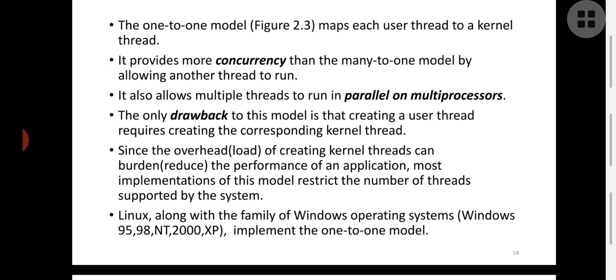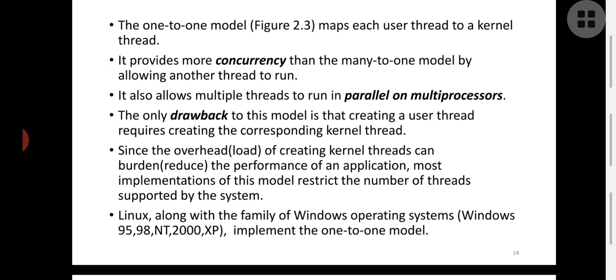Since there are equal numbers of user threads and kernel threads, it provides more concurrency or parallelism compared to the many-to-one model. It also allows multiple threads to run in parallel on multiprocessors.